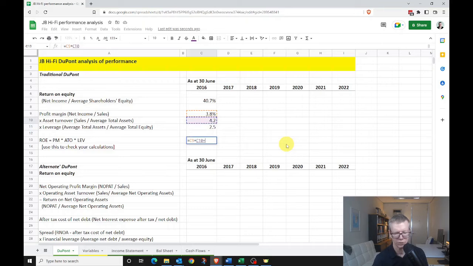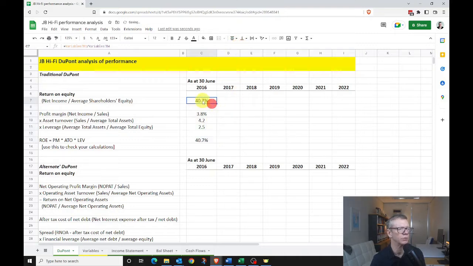Profit margin times turnover times leverage. And we can see here we should get net income. The sales should cancel out. Average assets should cancel out. So we should be left with net income over average total equity. Okay, and we've got the same number that we had started with earlier. So I'm kind of happy with that. Let's just center that to make that look a little bit nicer.